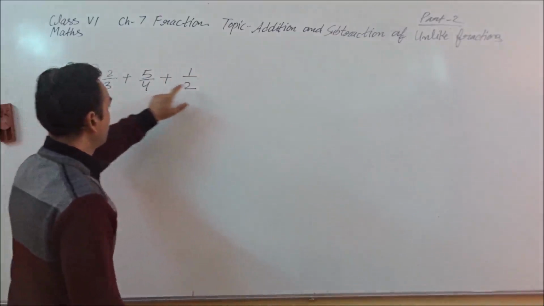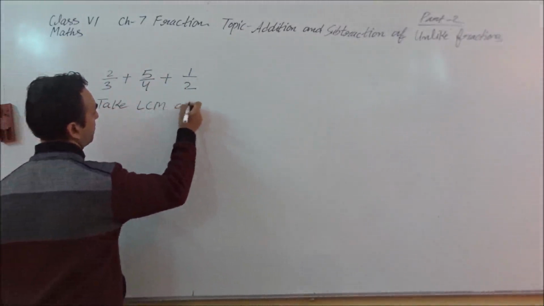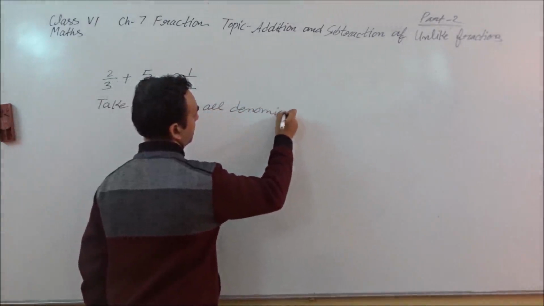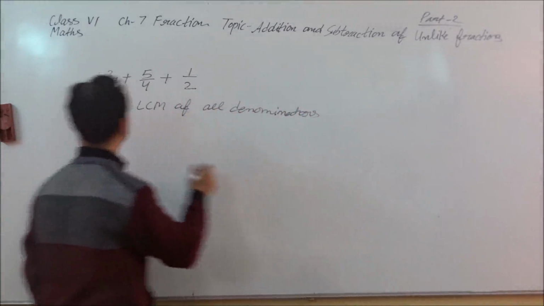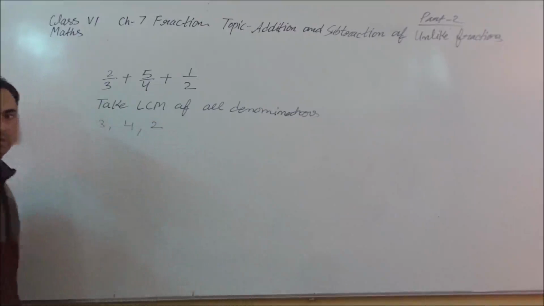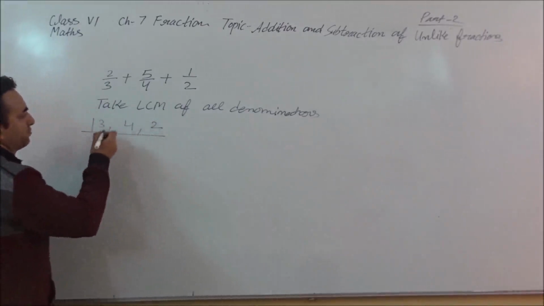So take the LCM of all denominators. So what are the denominators? 3, 4 and 2. 3, 4 and 2. So you have to take the LCM.